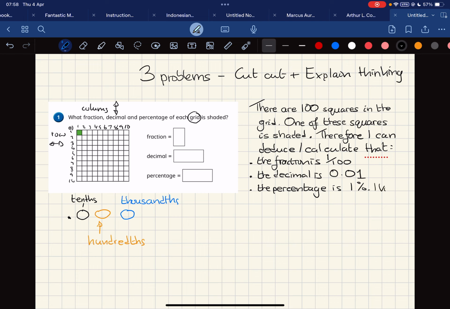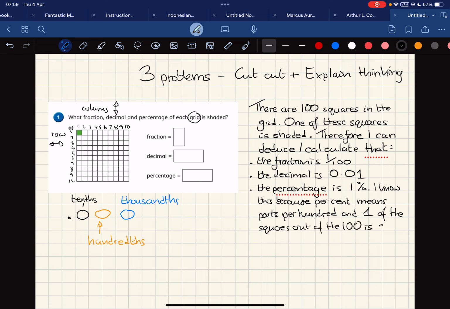I know this because percent means parts per 100 or pieces per 100, and one of the squares out of the 100 is shaded.